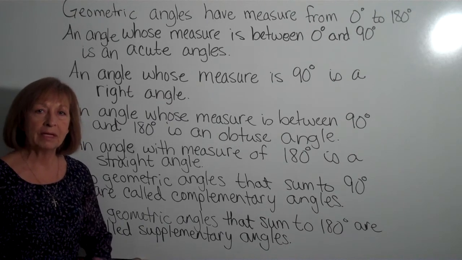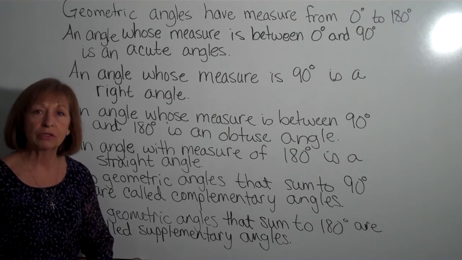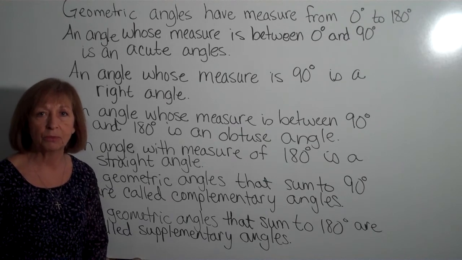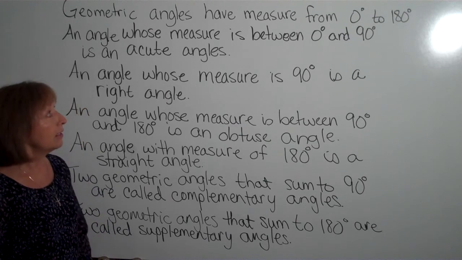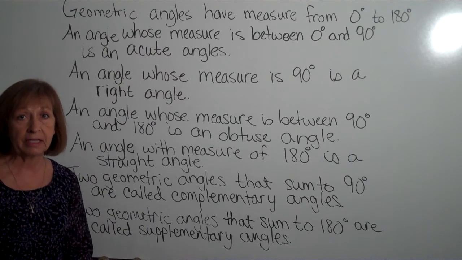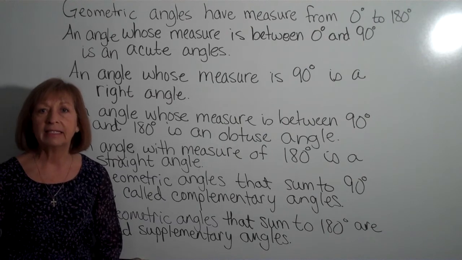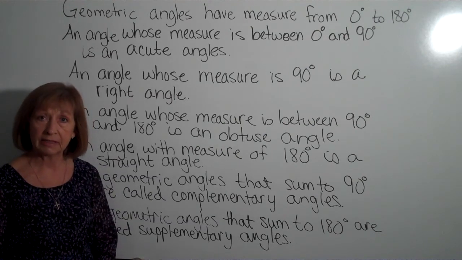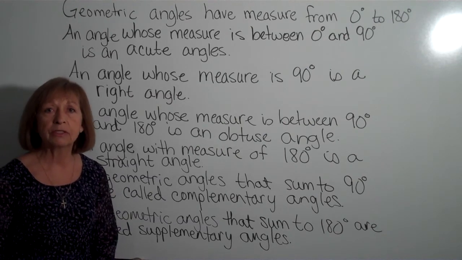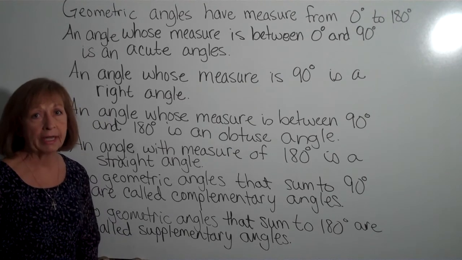If it opens up any wider than that, you actually look at the orientation on the page where it's the smallest measurement between the rays that you could get. So when we have geometric angles, it's just from 0 to 180 degrees. What we'll soon find is that in trigonometry, we define an angle a little bit differently, and so we're able to get a wider breadth of usage with the angles in trig.